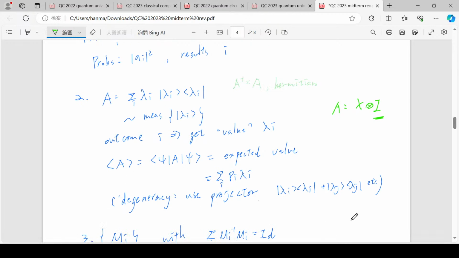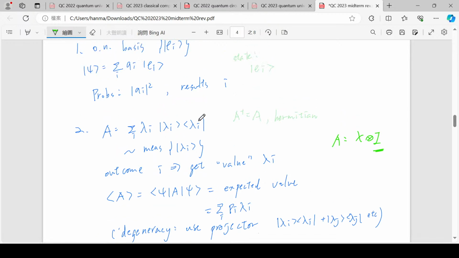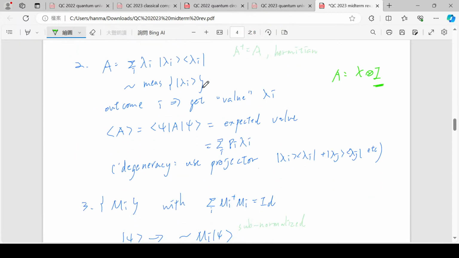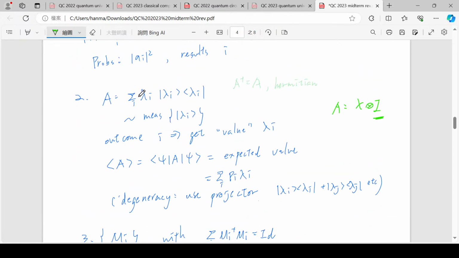When you have degeneracy, then instead of measuring the lambda_i basis, where some lambda_i and lambda_j have the same eigenvalue, you need to use a projector. So you project onto the subspace instead of projecting onto individual eigenvectors. So, degeneracy.